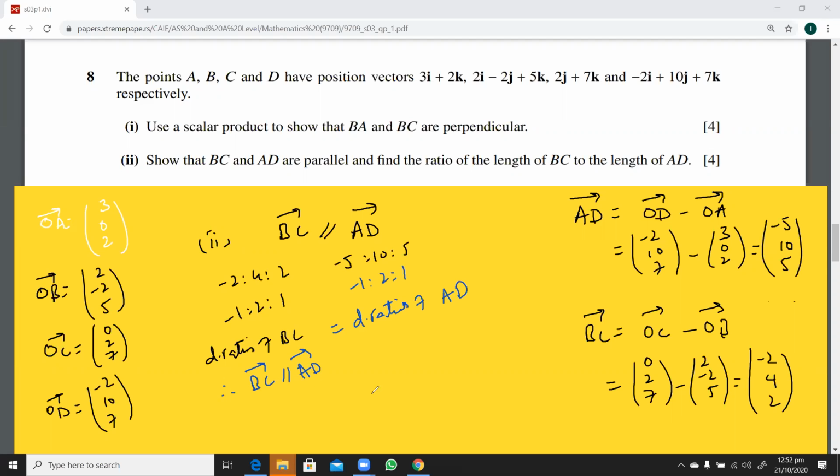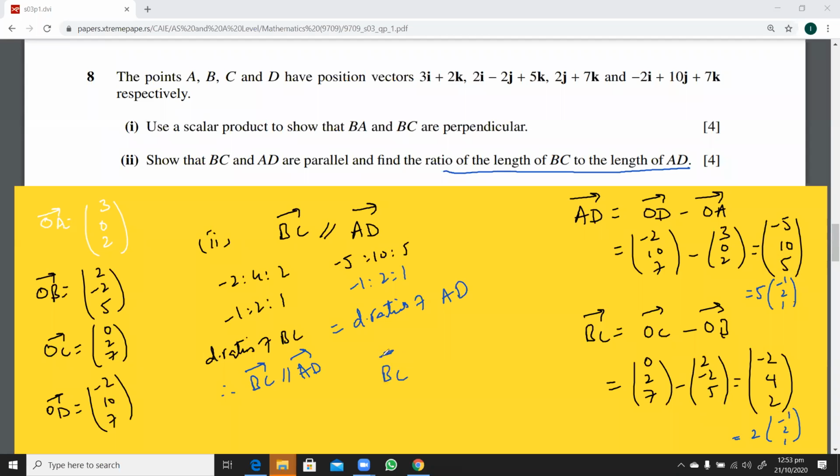Okay. Now there was one more way of doing this. If you had done that, then you could answer the ratio of the length of BC and AD as well. Now can I say that this is basically 5 into minus 1, 2, 1 and this is basically 2 into minus 1, 2, 1. So what is the ratio between BC and AD?